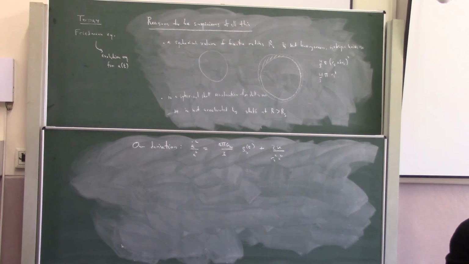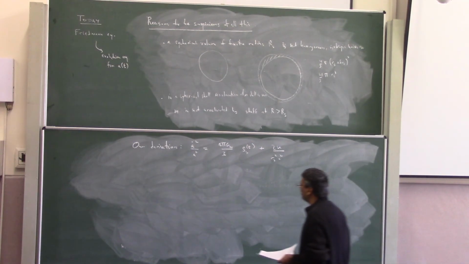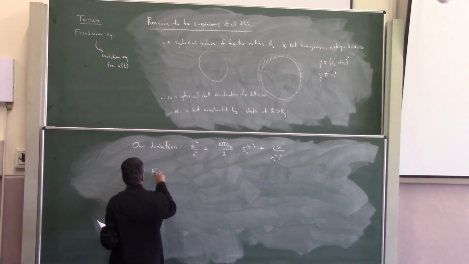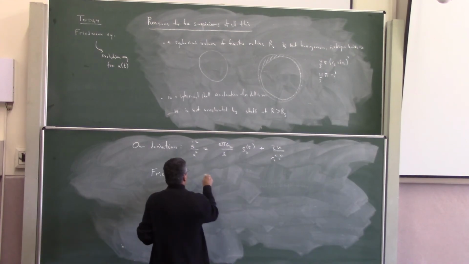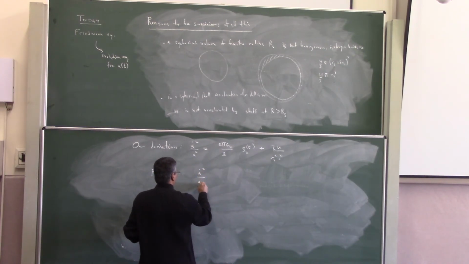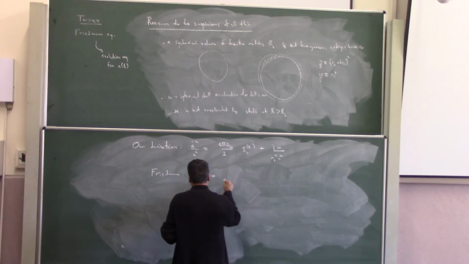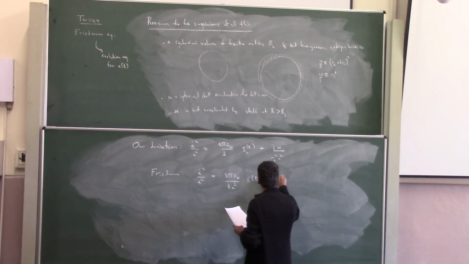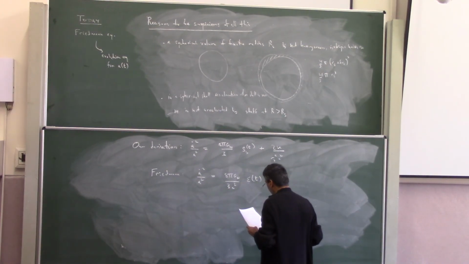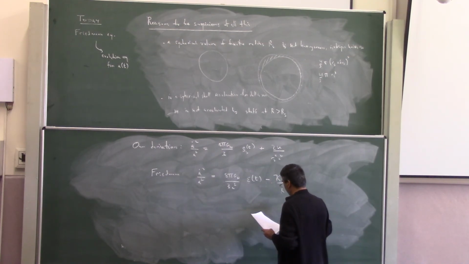The equation that we actually want, the Einstein equation, the Friedmann equation, is a dot squared over a squared equals 8 pi G Newton over 3 c squared epsilon of t minus kappa c squared over r squared times 1 over a of t squared.